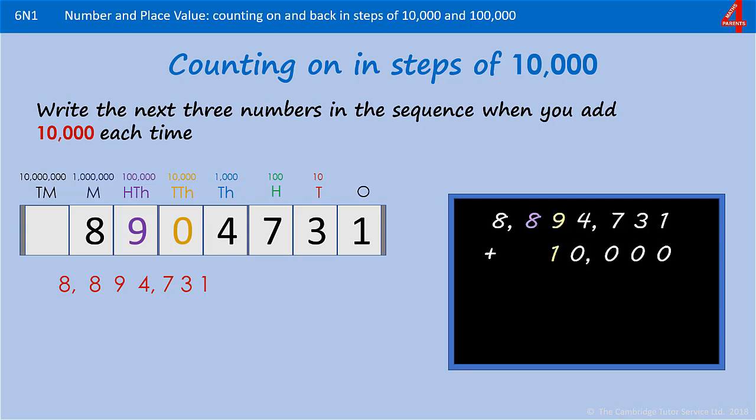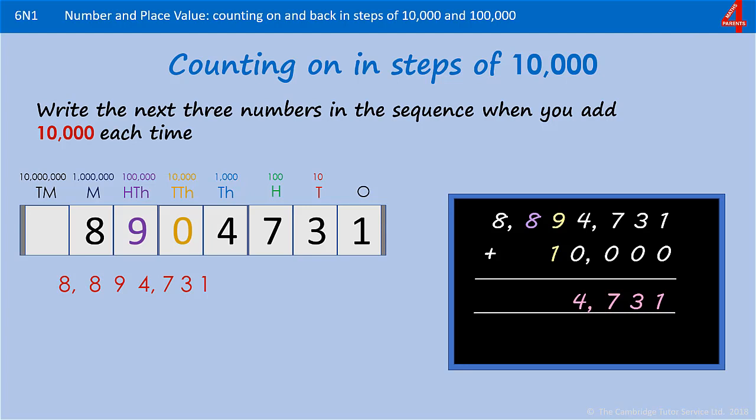And again, just to see how that works when you're writing it down and where those digits come from, we're adding 10,000 to the number we had previously, which was 8,894,731. Once again, you can see that the 4,731 remain the same. In the 10,000s, we're adding another 10,000 to the 90,000. So that means that becomes 100,000.